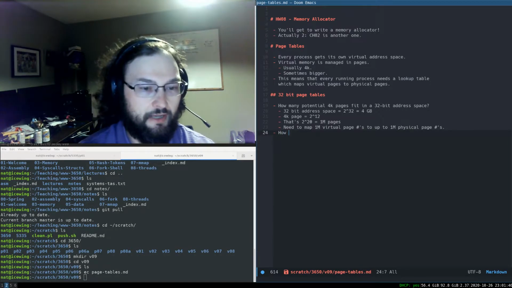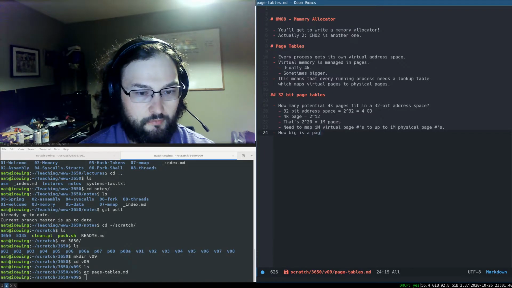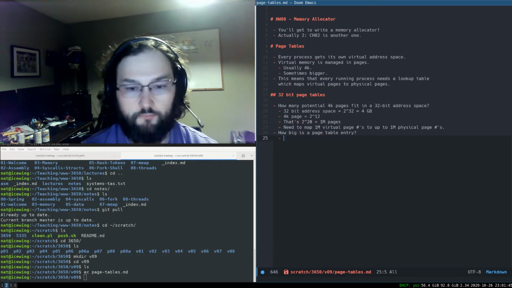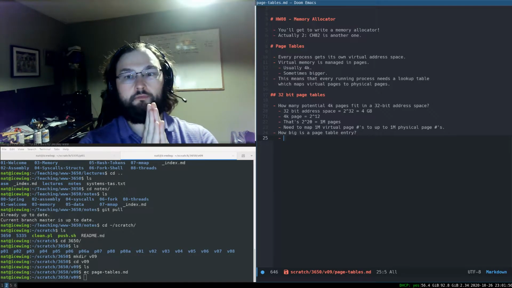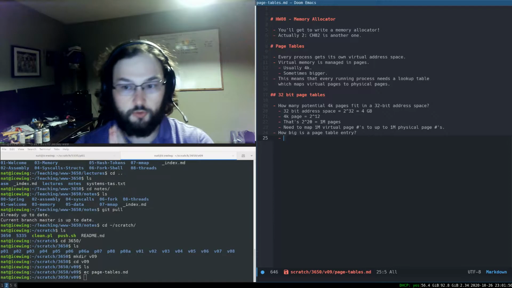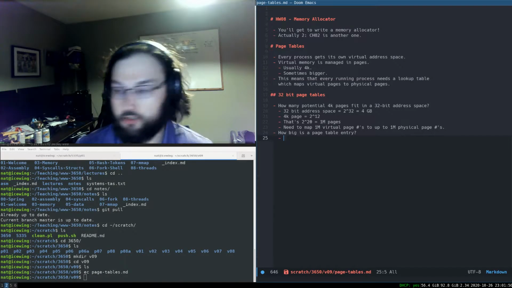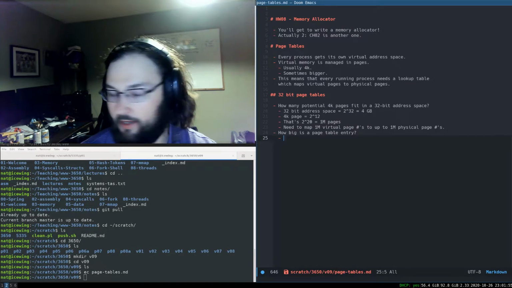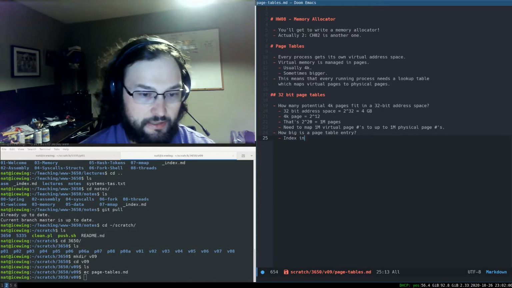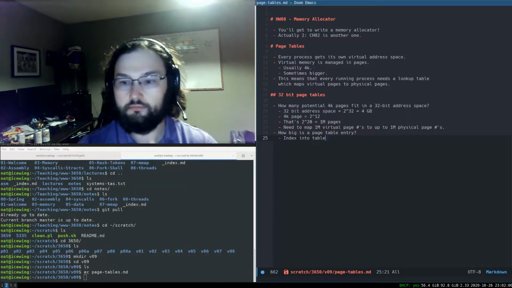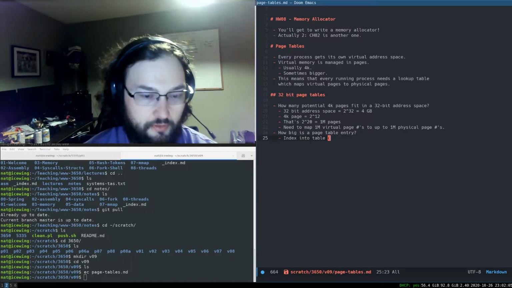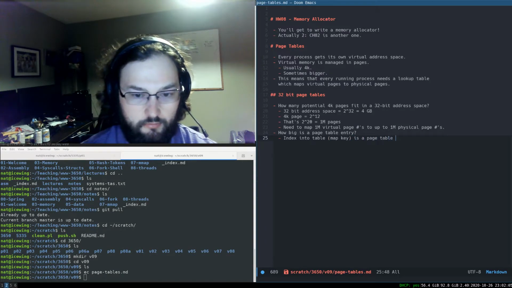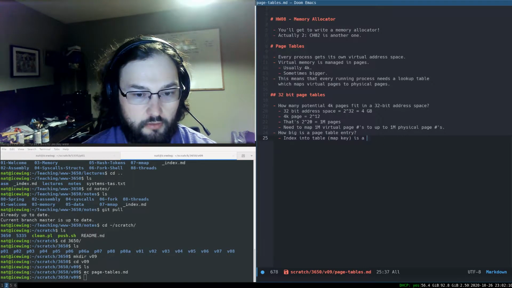First thing that we need to know is how big is a page table entry. So for every mapping of a virtual page number to a physical page number, we're going to need to store one page table entry. And for that, we're going to need to keep track of, so the index into this, the key that we're using in the map, is a virtual page number.